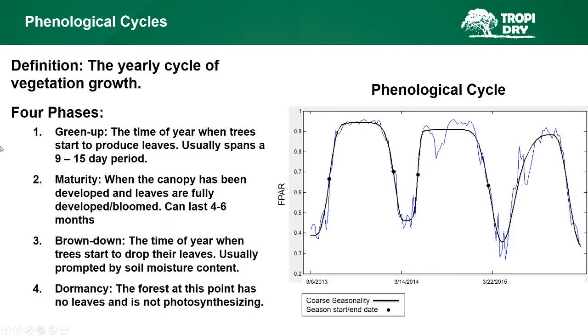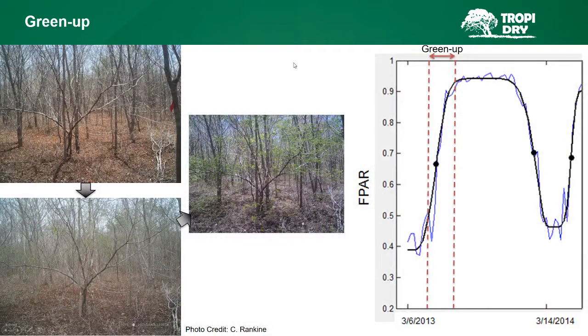There are 4 phases of the phenological cycle: green up, maturity, brown down, and dormancy. The first stage, green up, usually occupies this band right here that we can see. It's when the forest starts to go from this brown no-leaf stage. You can start to see leaves are starting to develop now. The rainy season has started.